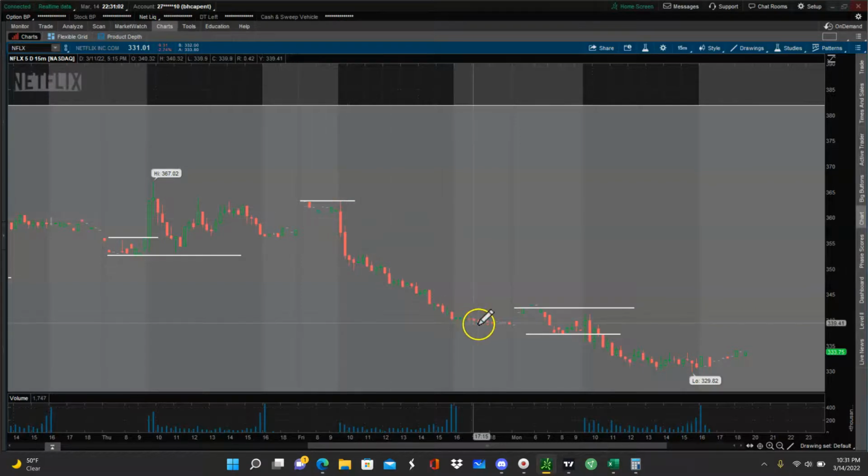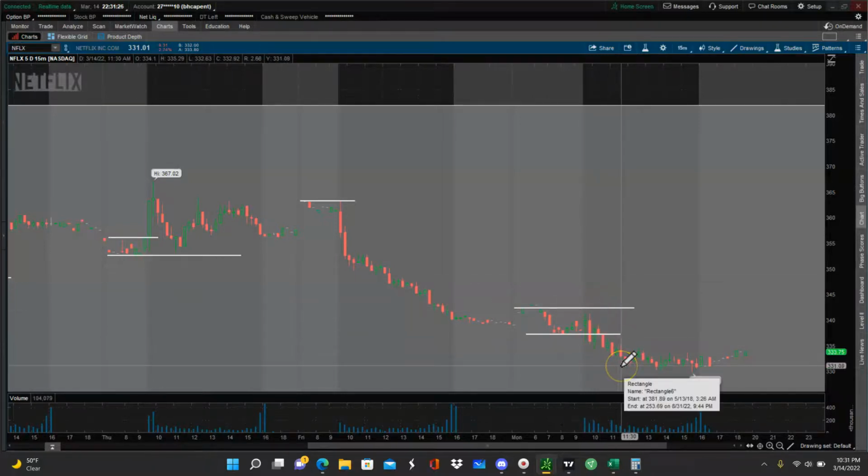Simple. And then on yesterday, Netflix was just pretty much ranging coming into the session. And same deal. I'm not going to buy puts until I get a confirmed break of this trend line, or I'm not going to buy calls until either the price holds here or breaks here.